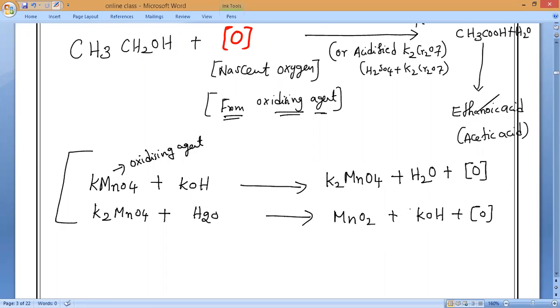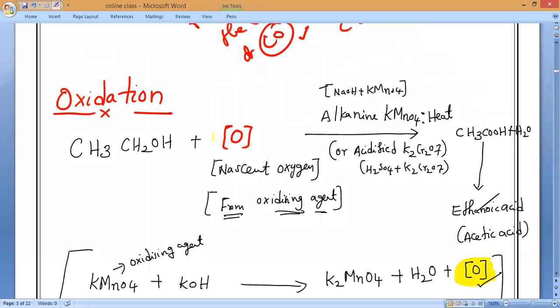So ultimately, what will I produce, guys? I will produce the nascent oxygen. This nascent oxygen will react with the ethyl alcohol or ethanol, and it will produce ethanoic acid, or we can say acetic acid.